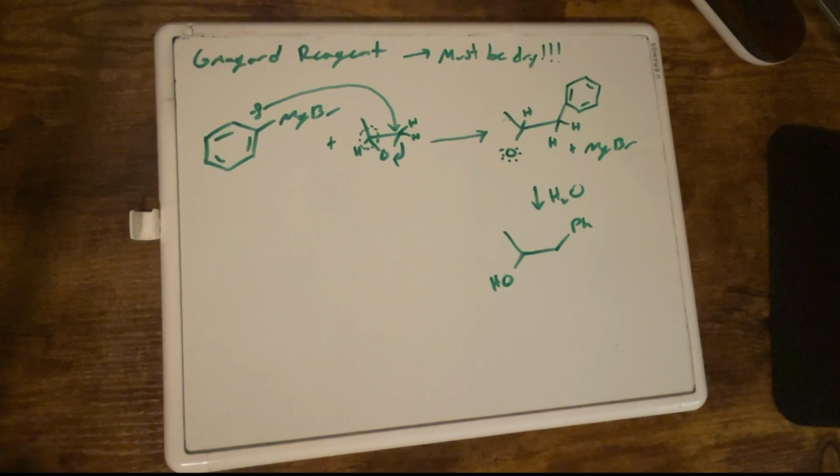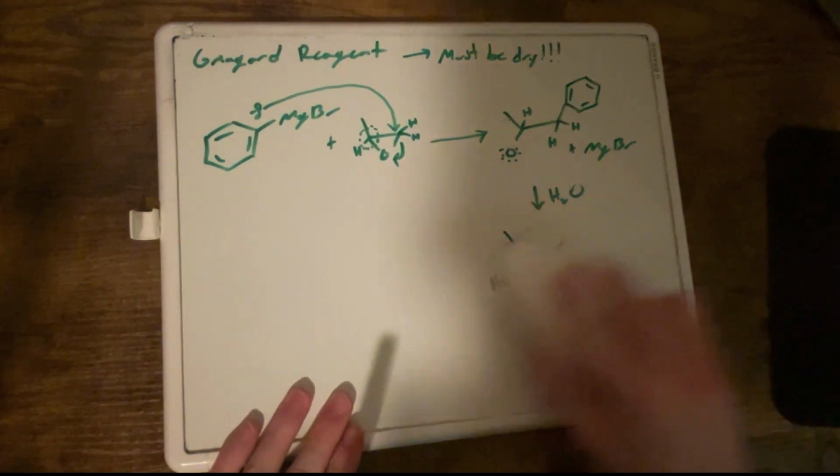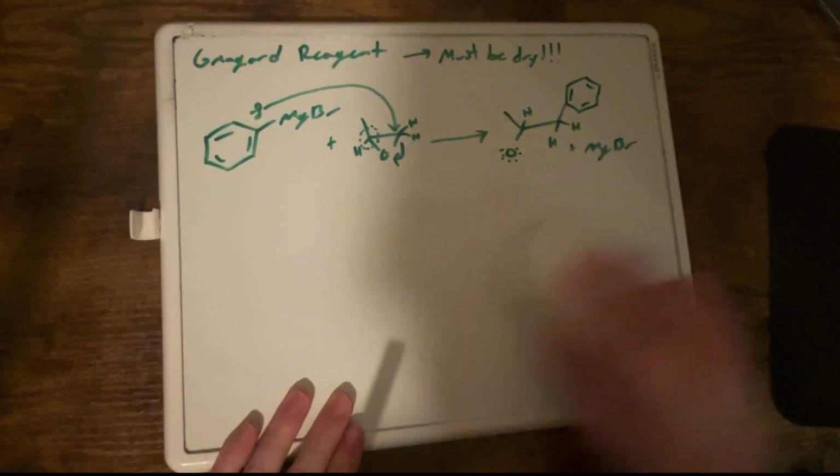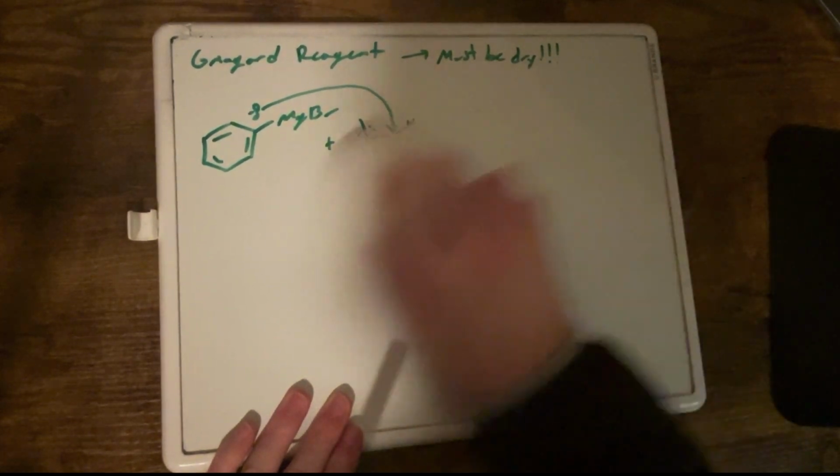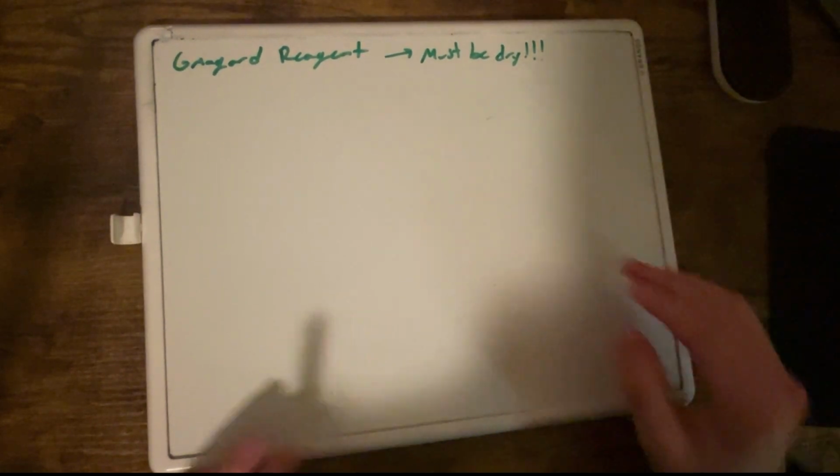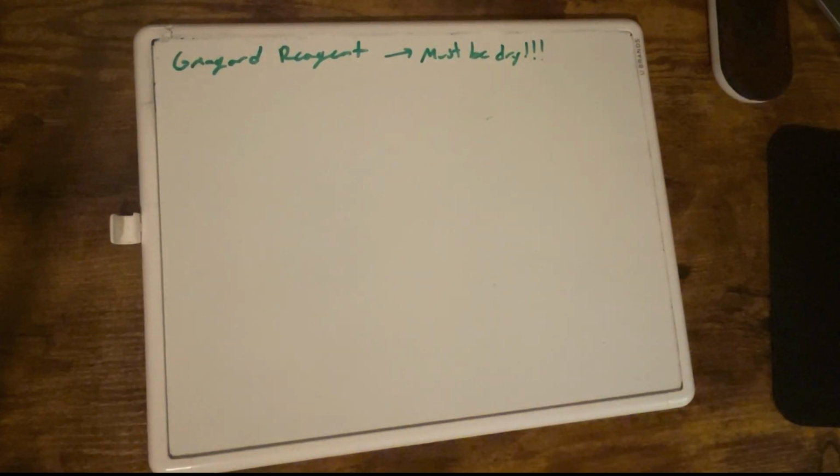Yeah, so I have one more example. Now, these are copper complexes, which are a little bit different. I don't technically know if they're Grignard reagents, but they behave pretty similarly.